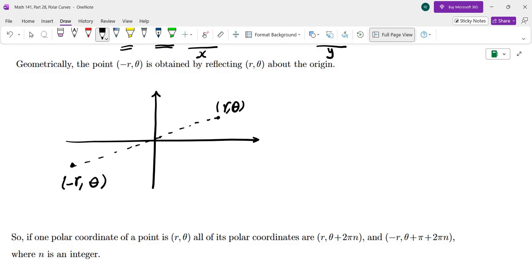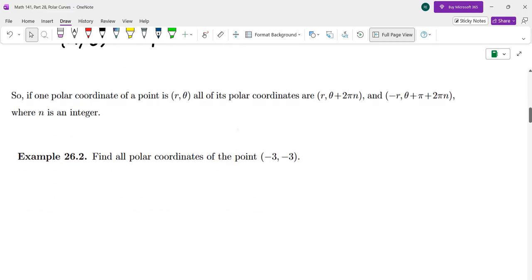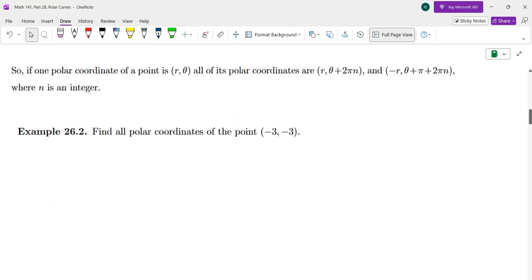So negative r theta is the same as r theta, but just reflected about the origin. So considering that, we can draw some curves. But before we do that, let me do one more example and then we'll talk about drawing some curves.